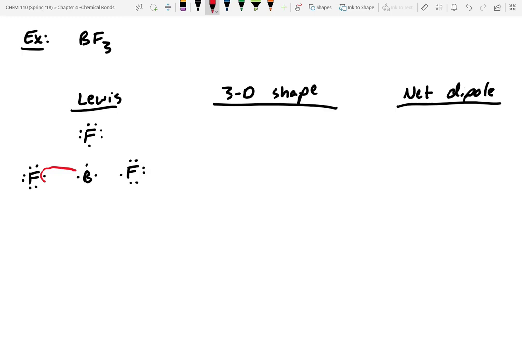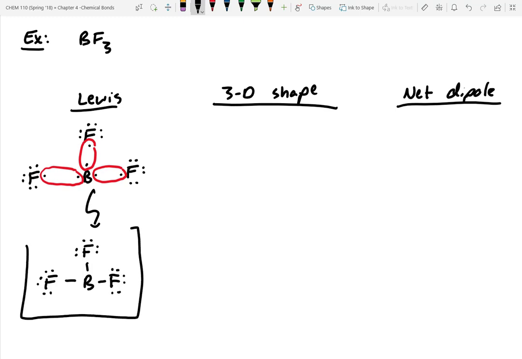Again, you can pair these up, so it looks like we can easily pair those up, and those up. So I'm going to go ahead and just redraw it. So this would be the Lewis structure for boron trifluoride.